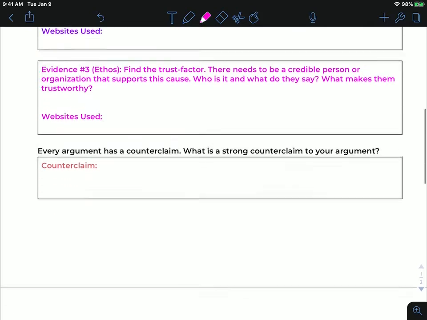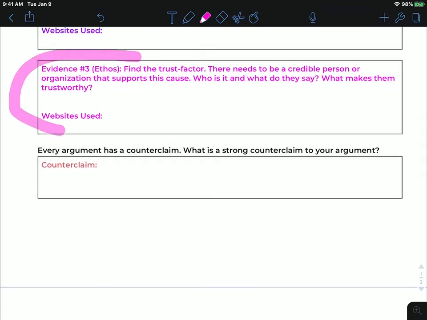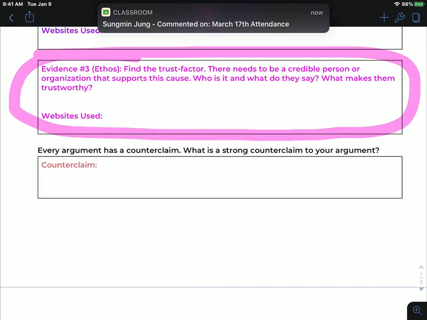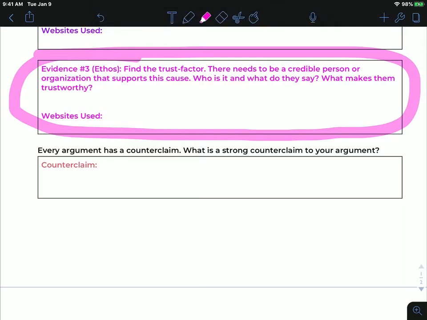All right, and then the last one here, this is going to be our ethos. This is the trust factor. Okay, maybe the audience doesn't believe in statistics. So ethos, the credible person that supports the issue that you're writing about. Again, in the article on the death penalty, President Obama was quoted as saying that there are problems with the criminal justice system.